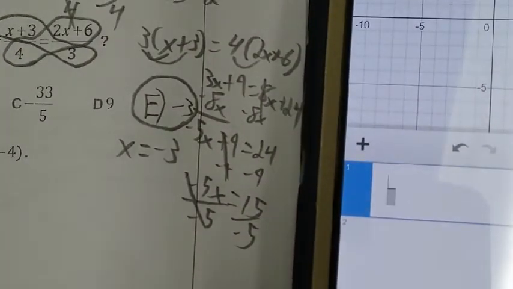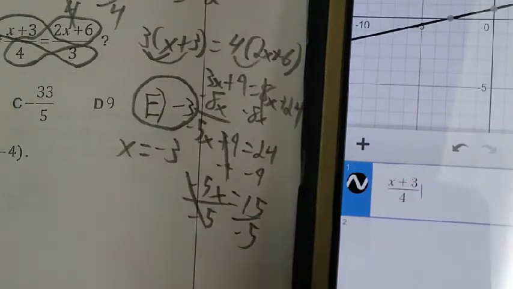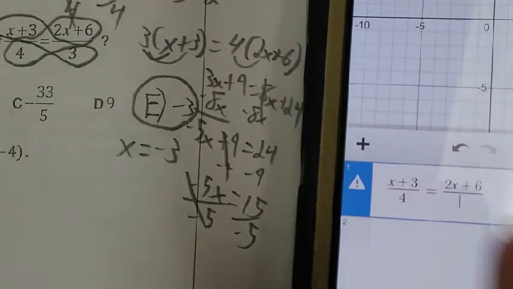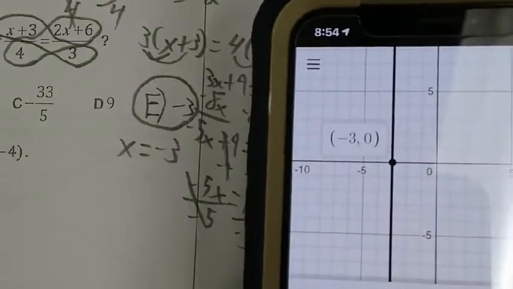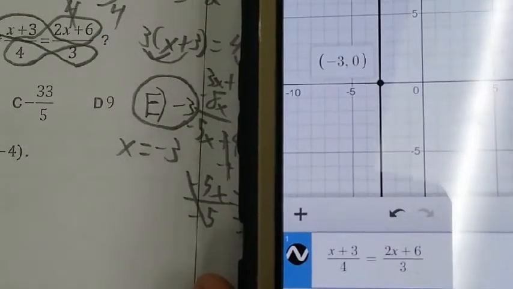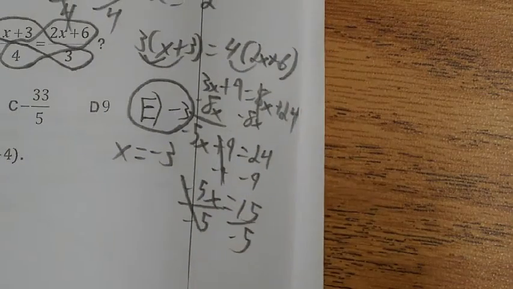So if we press the division sign first, x plus 3 over 4 equals, press the division sign again, 2x plus 6 over 3. Once you do that, you'll get -3 for your answer. So once again, Desmos can be very, very helpful if you use it correctly.